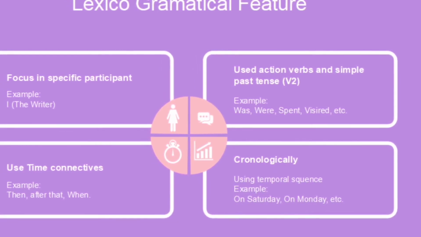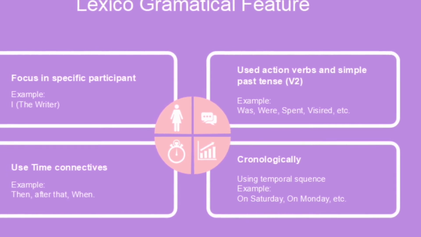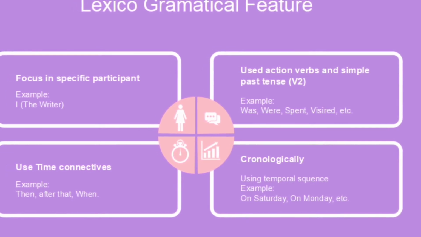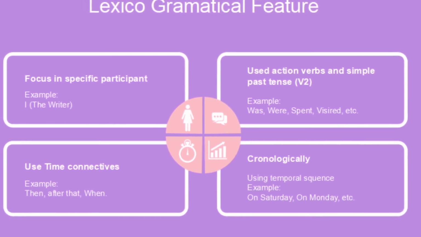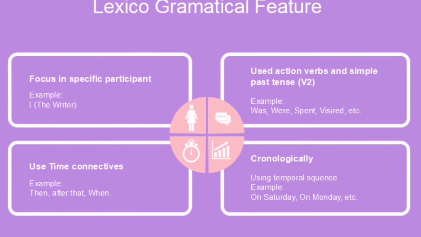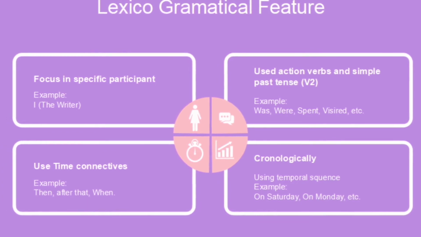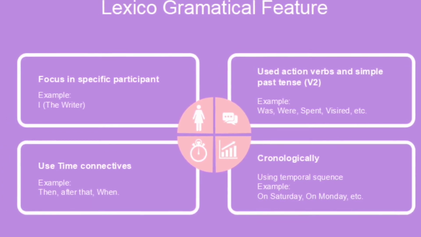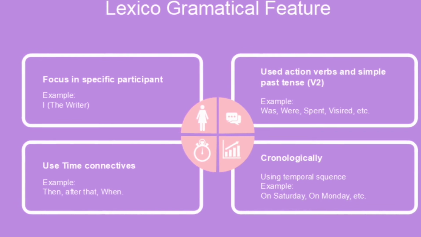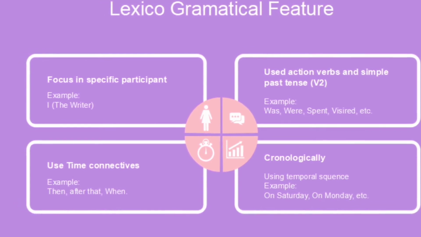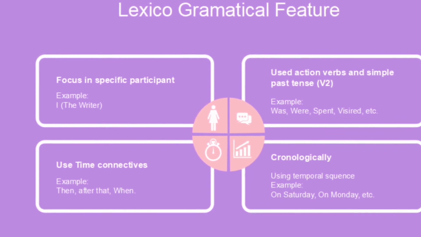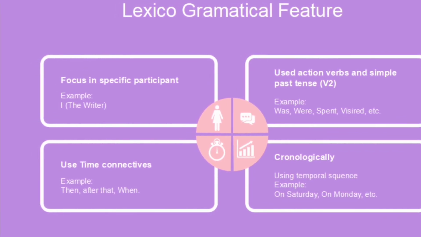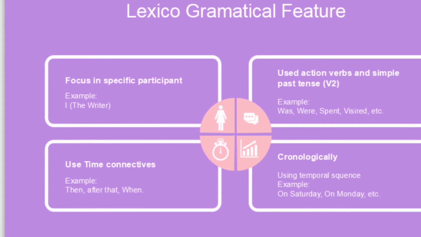You use second form of verb, for example was, were, spent, visited, and etc. And then the third is use time connectives, for example then, after that, and when, and etc. And the last is chronologically using temporal sequence, for example on Saturday, on Monday, or etc.